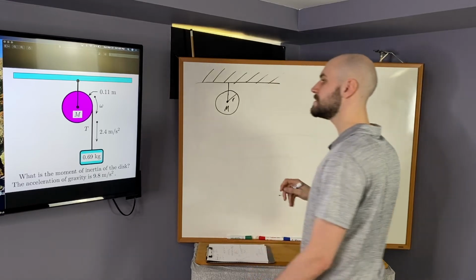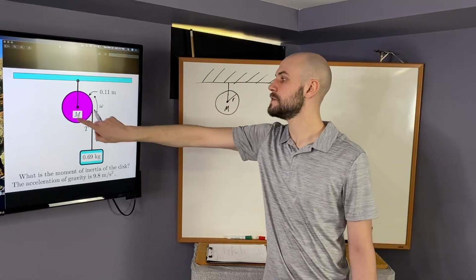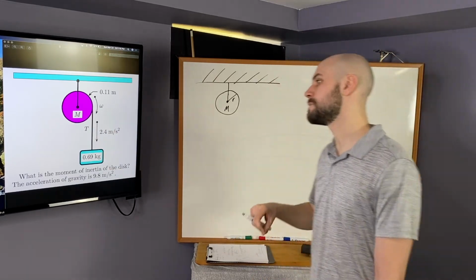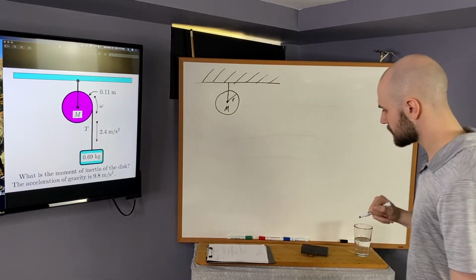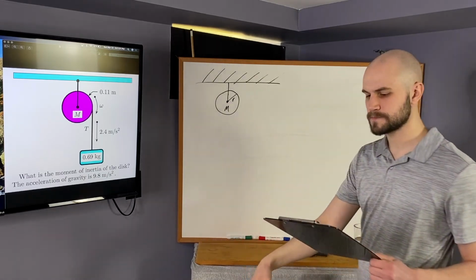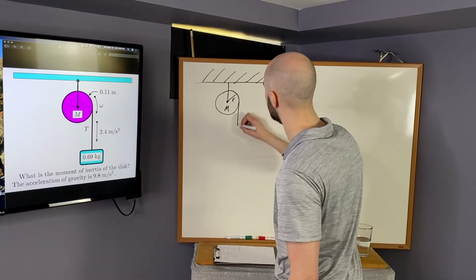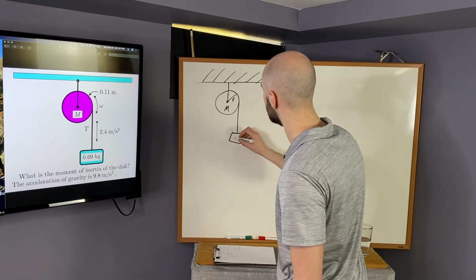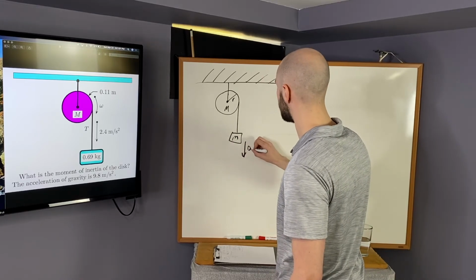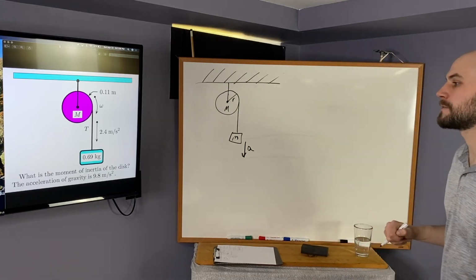I'm going to use letters here just to keep track of everything, but keep in mind that the radius of the pulley is given, the mass of the pulley is given, acceleration is given, and the mass of the box is given. Okay, and we want to find the moment of inertia of this pulley system. This little m, and we know it's going to have a downward acceleration of a, which is given. And our goal is to find the moment of inertia of the disk.